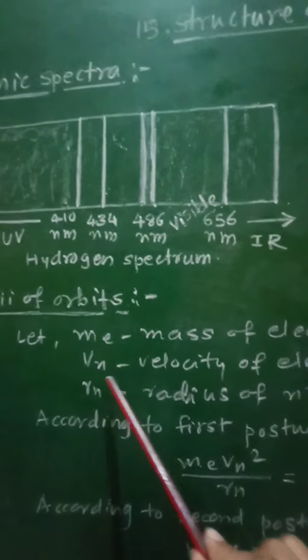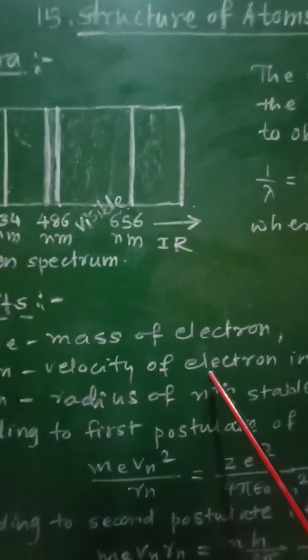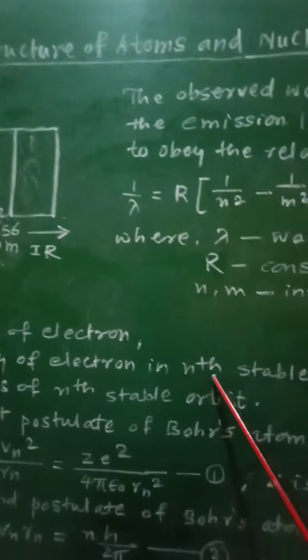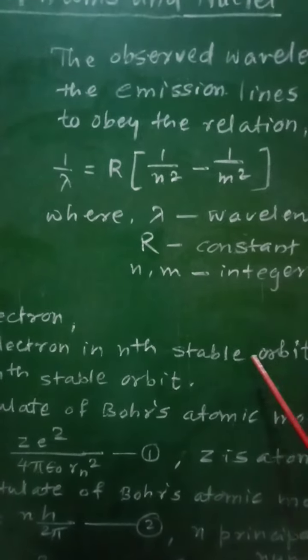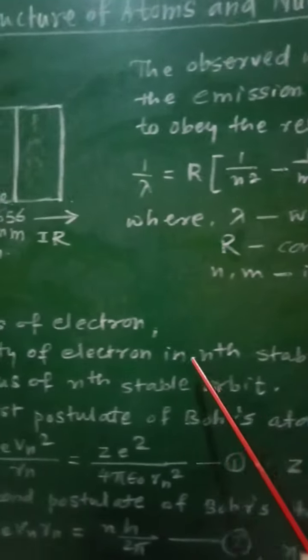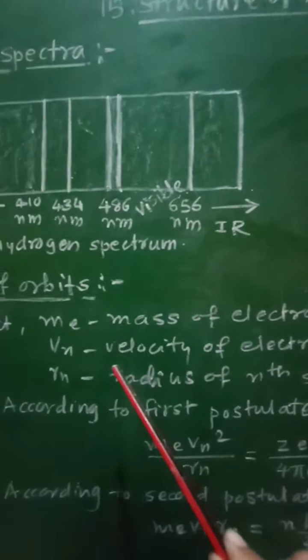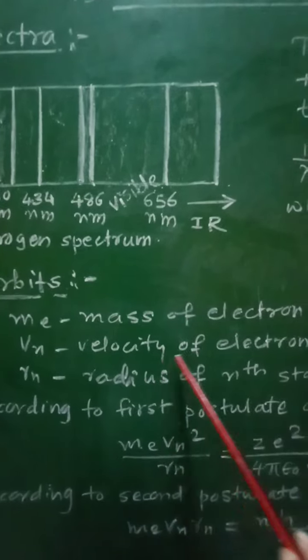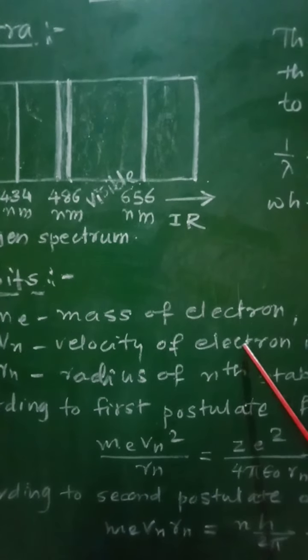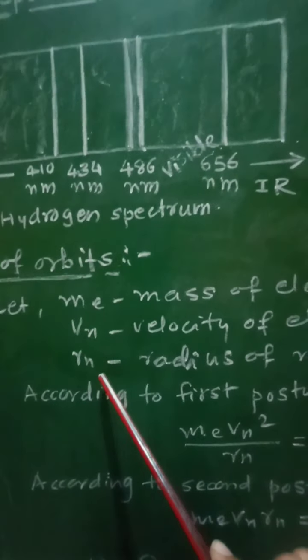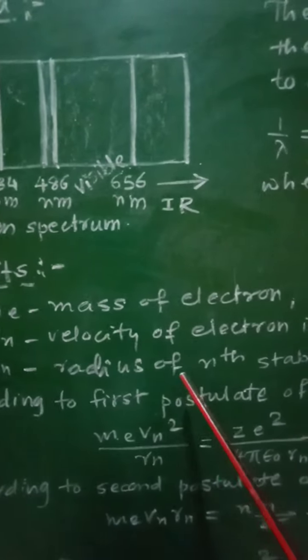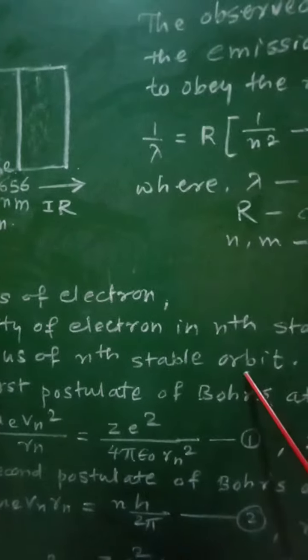vn will represent the velocity of the electron in the nth stable orbit. We consider the nth stable orbit, and for that orbit, vn represents the velocity of the electron. Similarly, let rn represent the radius of the nth stable orbit.